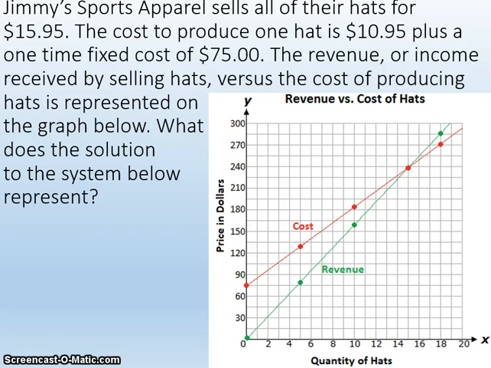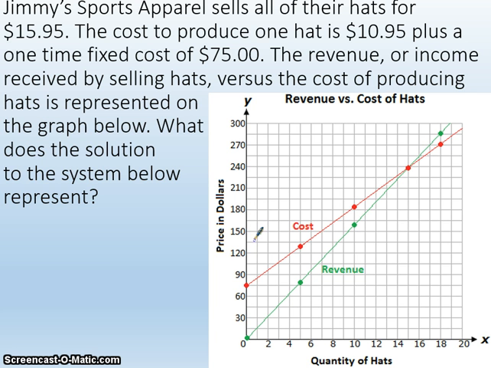Jimmy Sports Apparel sells all of their hats for $15.95. The cost to produce one hat is $10.95 plus a one-time fixed cost of $75. The revenue or income received by selling hats versus the cost of producing hats is represented on the graph below.